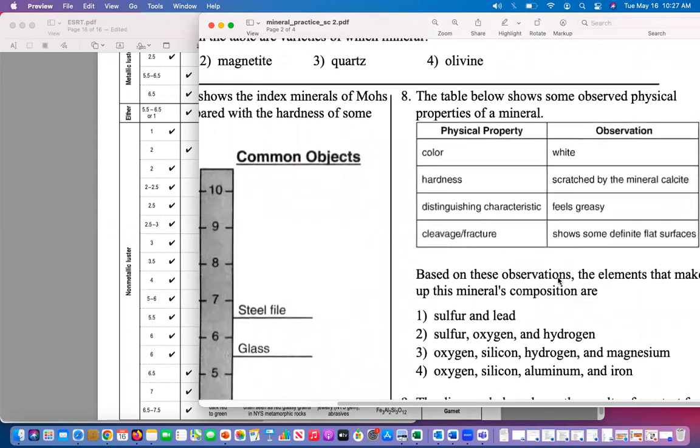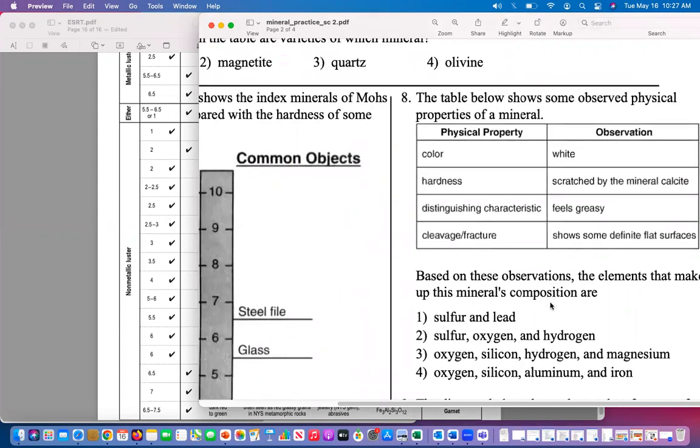Based on these observations, the elements that make up this mineral's composition are what? So first we have to find out what mineral they are even talking about. All right. So we're going to start with these 3 physical characteristics. Because that'll help us to break down what mineral they're talking about a lot easier.